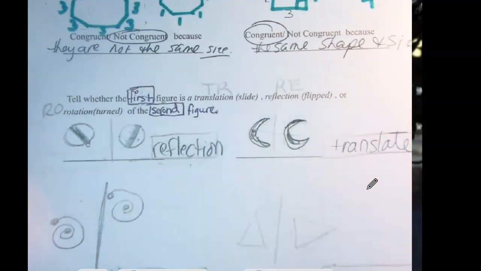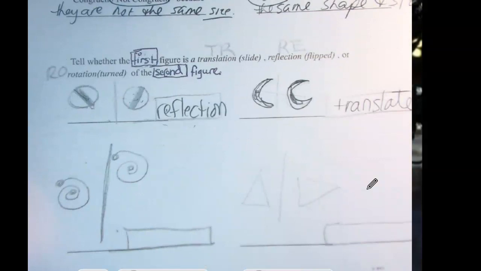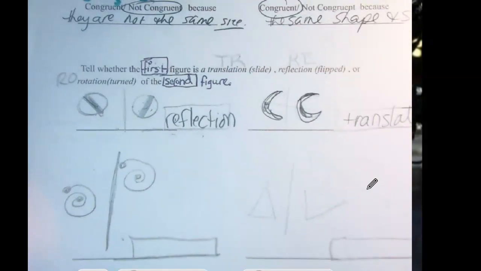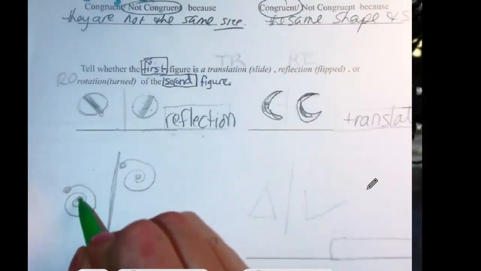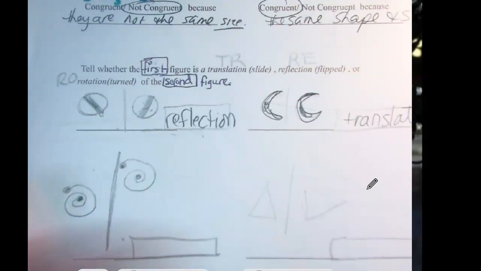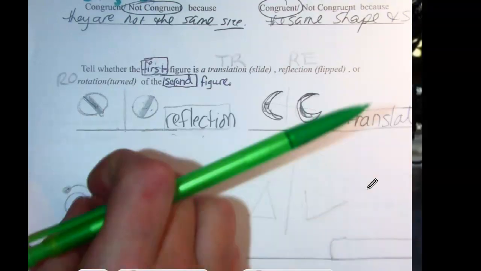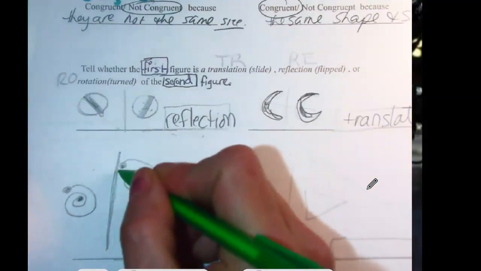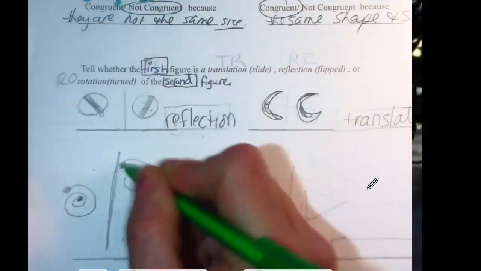That's a slide. All right, here's my next little figure, a little snail or whatever, squiggly. So here's the inside one and the outside one, inside one and the outside one. So it's not a flip. If I were to rotate it, these would be somewhere else. So we didn't turn it.